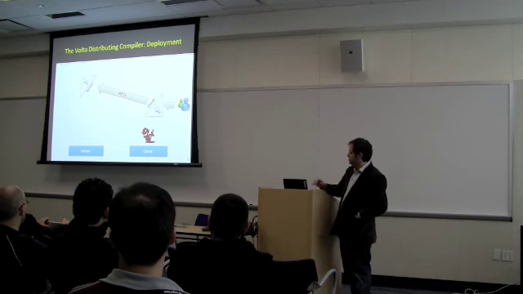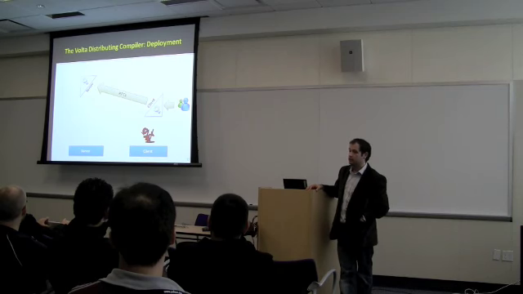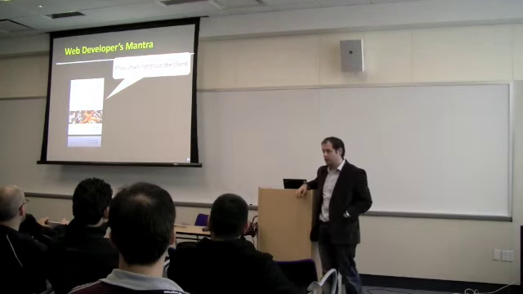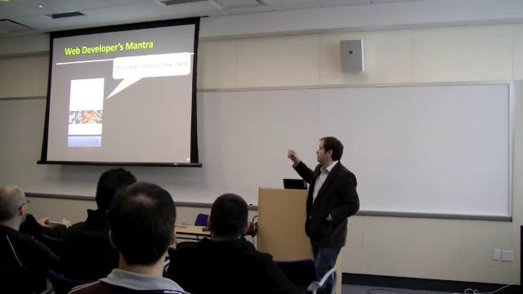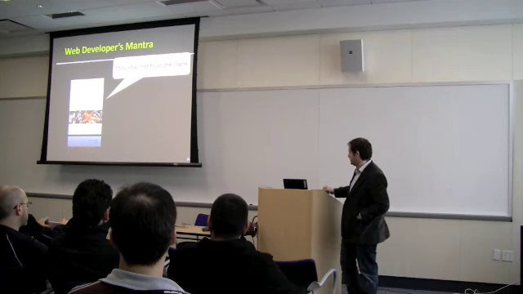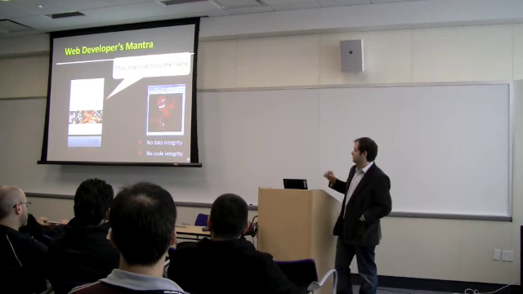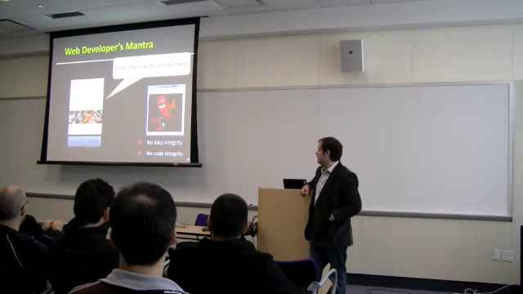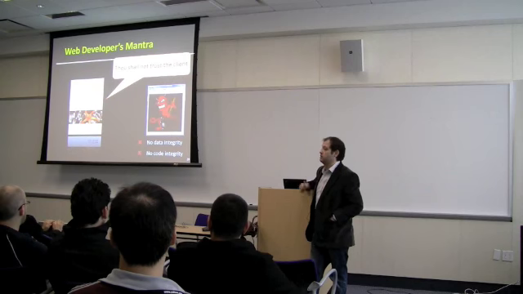Now, the problem with this approach is that the client really is not to be trusted, right? We talked about this before. The developer, in fact, if you look at a book like the one over there, is encouraged not to trust anything that happens on the client side. The view they're encouraged to have is that the user is this devil in the browser, which means that there is no data integrity, no code integrity, right?